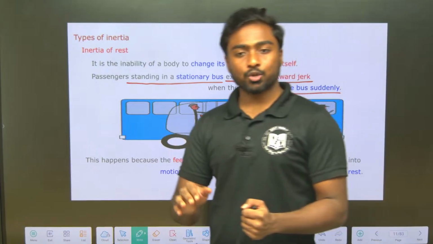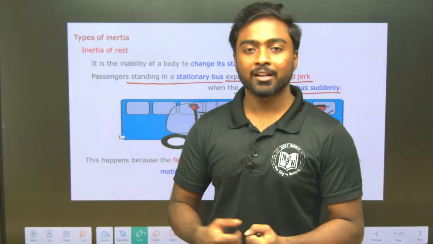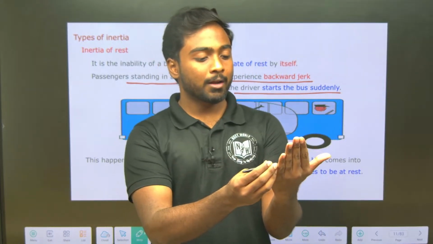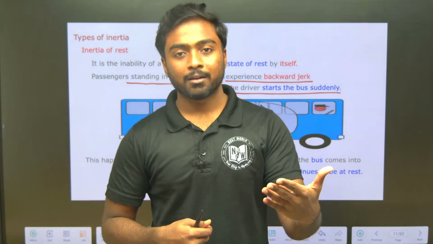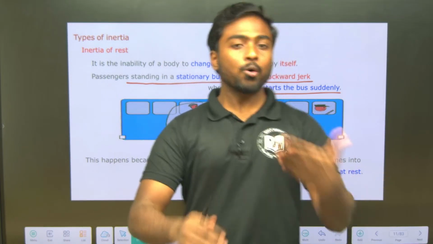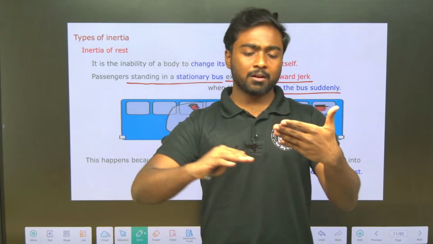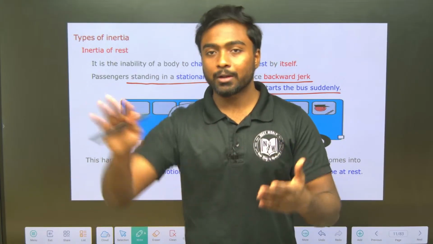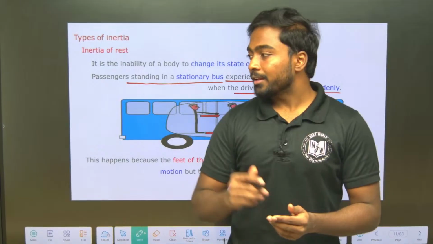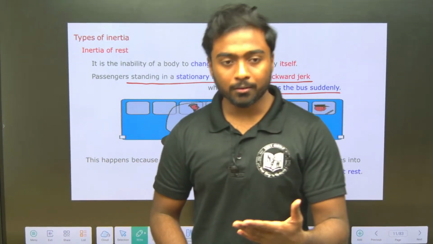Suppose the driver stops the bus suddenly, you go forward, yes? When the driver starts the bus suddenly, you are watching a movie on your mobile and the bus was at rest, suddenly the driver starts the bus, so you will go back like this, right? Or else you are going with some constant velocity, and suddenly the bus is stopped, you will go forward, right?